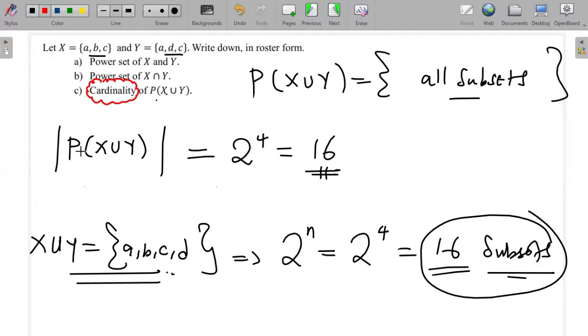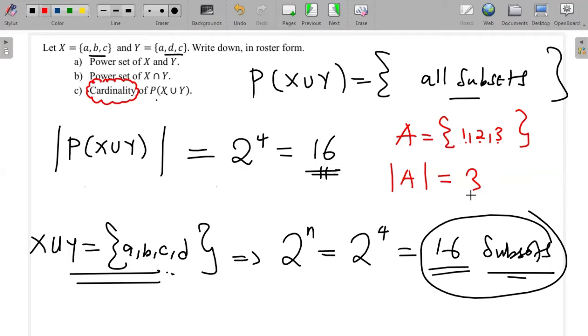For example, if I had A with the members 1, 2, 3, and they ask you to find the cardinality of A, you count how many elements are there. It will be 1, 2, 3, so the cardinality of A is 3. I'm sure by now you've understood what cardinality is.